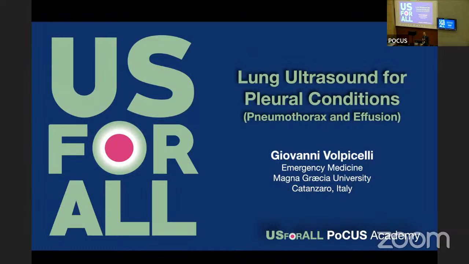We are limiting the CAT scan more and more in our patients because of the radiation problem. And now we have a new indication from the societies, and also from the law in Italy, that we need to inform the patient about the danger of irradiation, obtaining consent before doing a CAT scan.